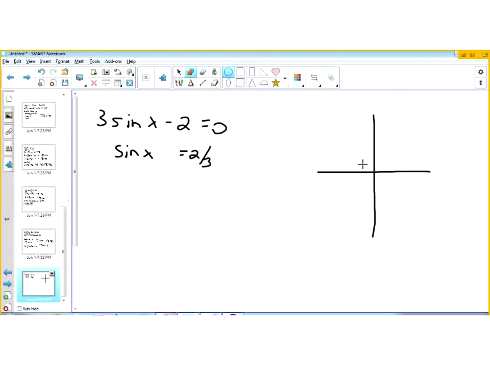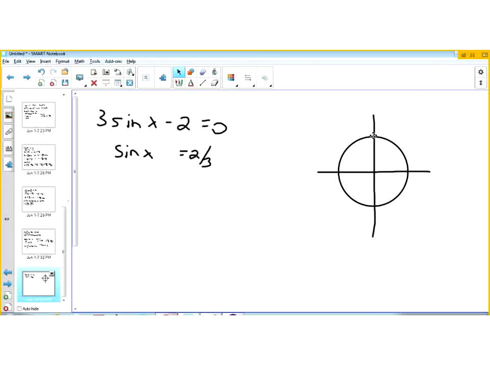So here are our coordinate axes. And let's see, okay, so suppose this is our unit circle. All right, so now the sine of theta is 2/3. So where is 2/3?